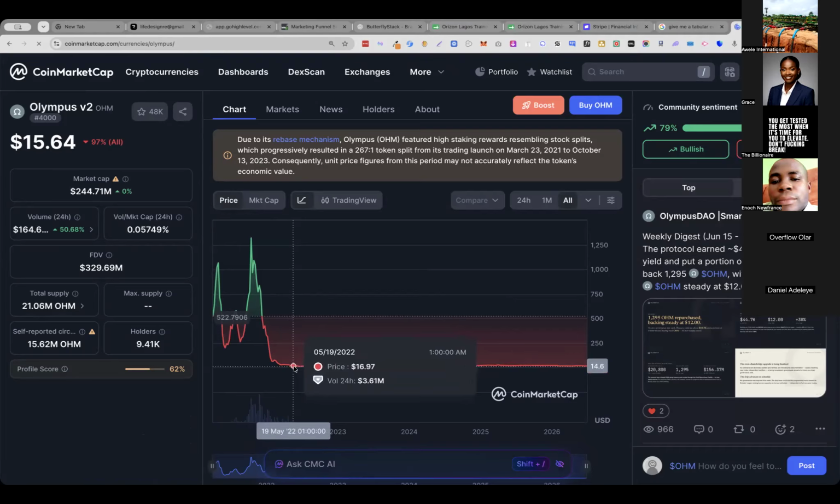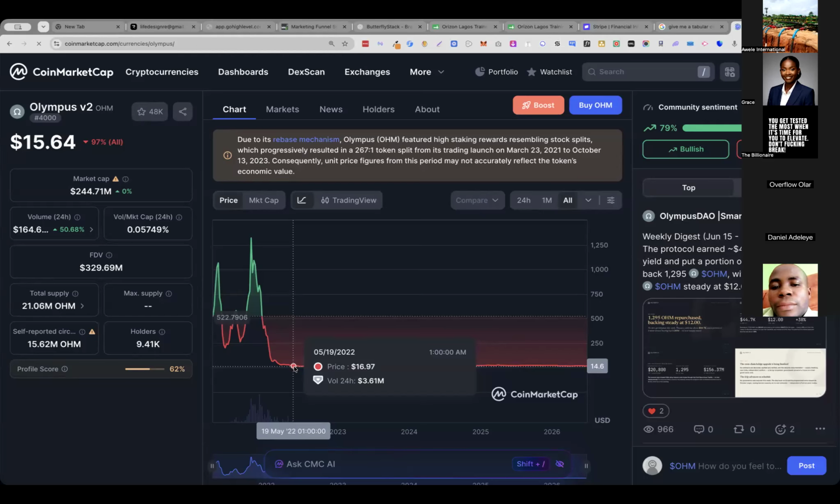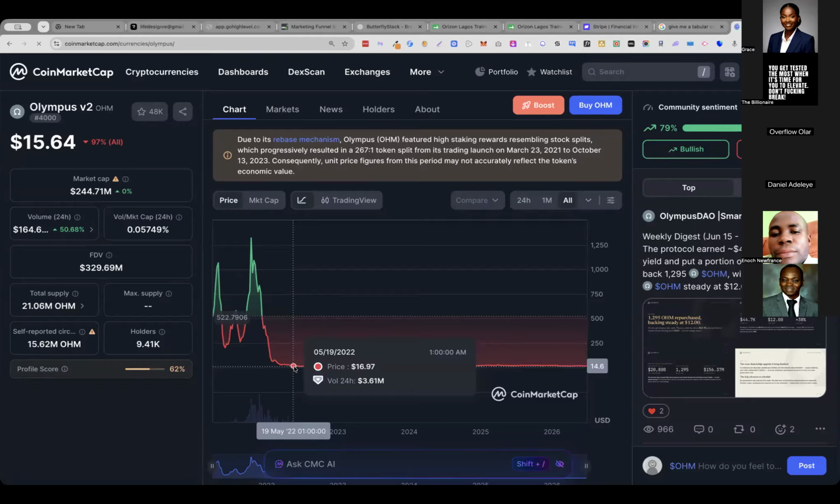Remember what we said. These kind of projects have what? Price floor. The floor means that the price cannot crash below that level. If you look at this project, the floor is around that $15, $16. That's the floor. So even though the price in 2022, remember they launched in March of 2021, by April of 2022, the price had reached the floor level.